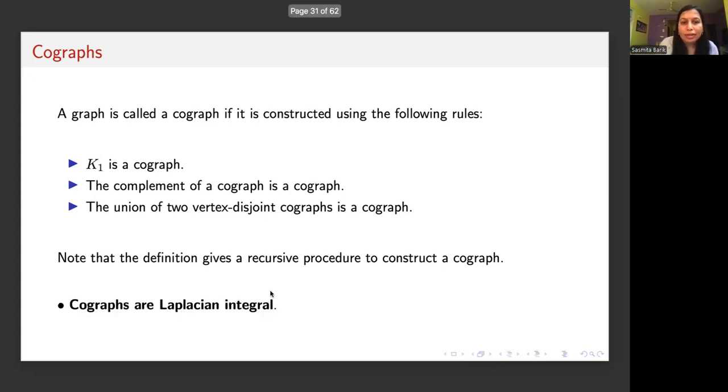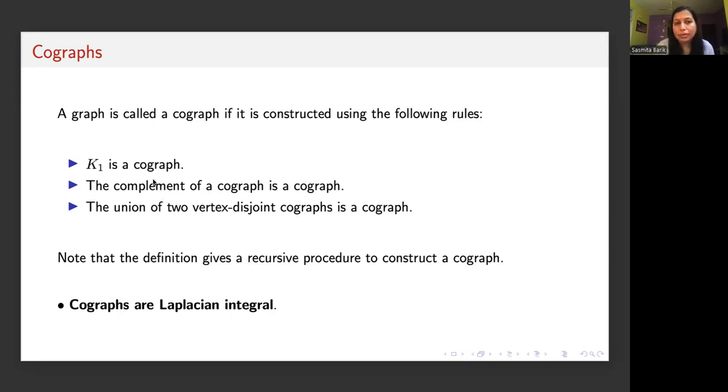And co-graphs are Laplacian integral because we start with K1 and then make union, then join. In that case, you know that if two graphs are integral and you make the union, that will also be integral. And if you make the join, that will also be integral because you know what the spectrum looks like. So co-graphs are Laplacian integral.